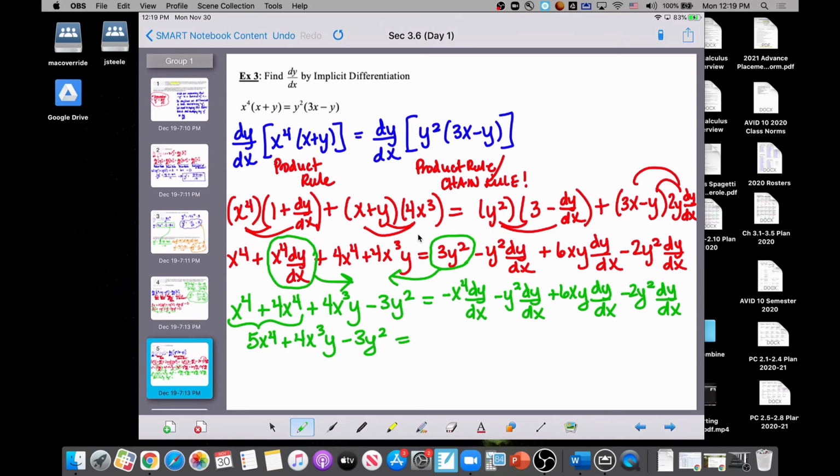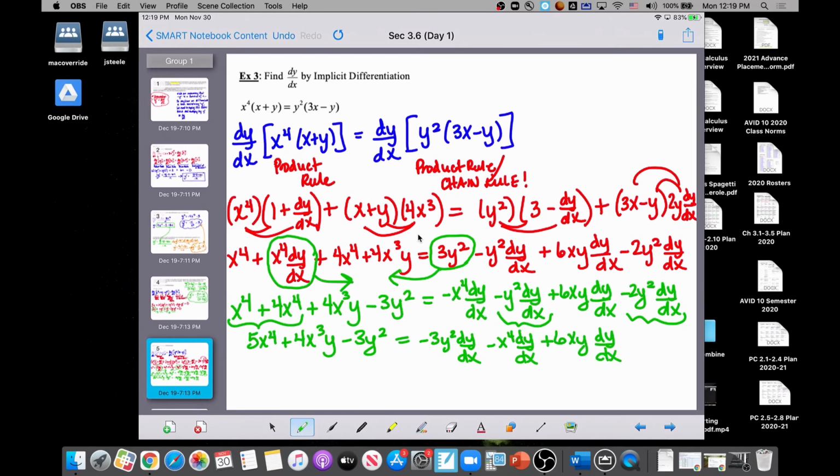On the right side of the equal sign, I have a negative y squared dy dx, and I have a negative 2y squared dy dx, which is going to make negative 3y squared dy dx minus x to the 4th dy dx plus 6xy dy dx.